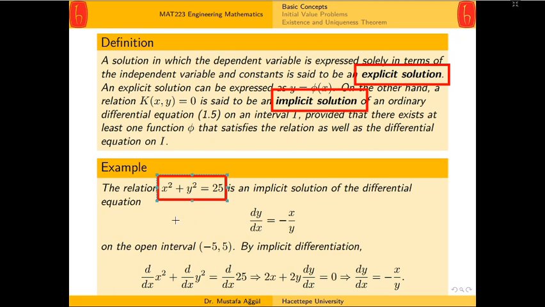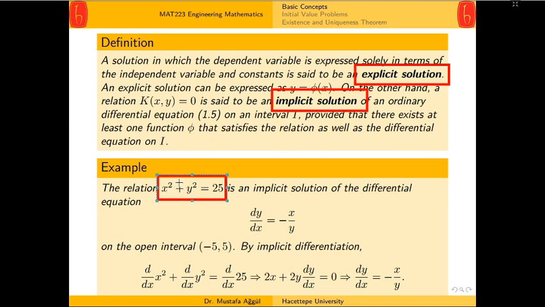This is something we can do, but in reality, we didn't do that. So the options for an implicit solution are: first, it has to be given implicitly, or the second option is we can make it explicit, but we just leave it in implicit form. This is a good example for that.